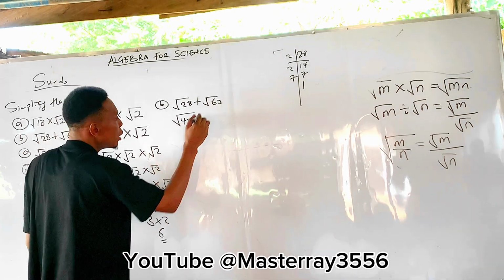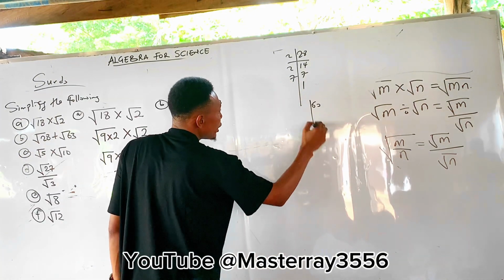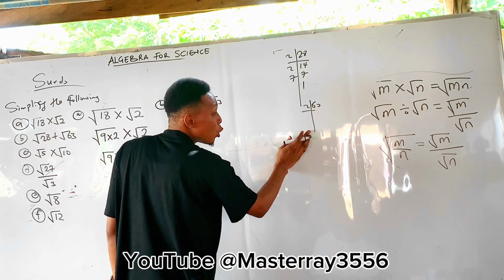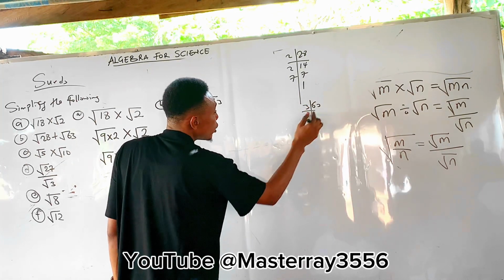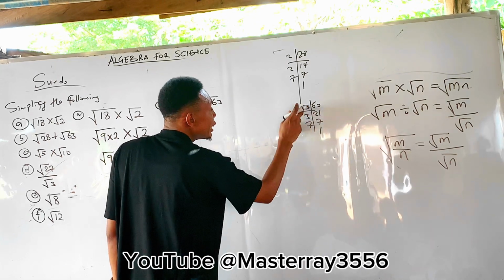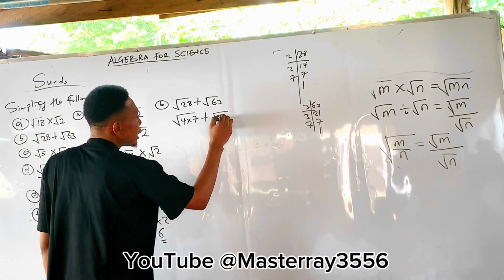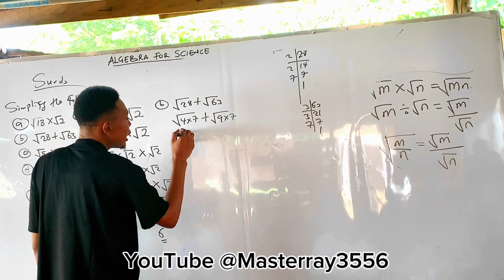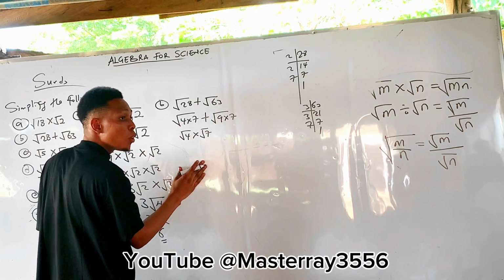Are you following? Plus, we also look for square root of 63. So 63, look for the LCM. 2 cannot go, right? So what can go? 3. 3 into 63 is 21. 3 into 21 is 7. 7 into 7 is 1. So this has 9 times 7, right? So this has square root of 9 times square root of 7.